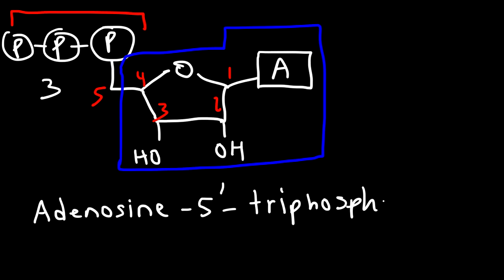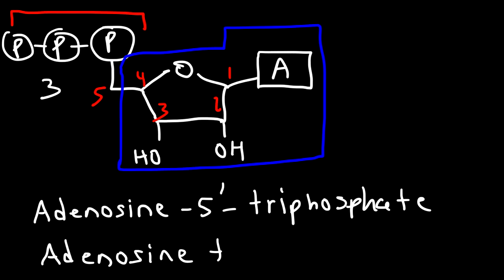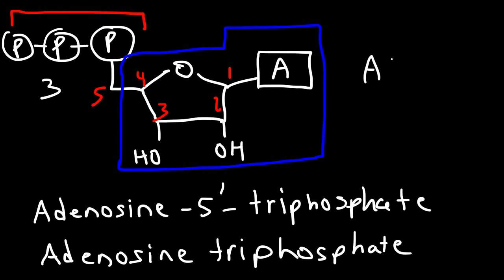Now this particular nucleotide has a common name, and so sometimes the 5 is just ignored because it's a very common molecule, and so it's simply referred to as adenosine triphosphate. And perhaps you've heard of it as this molecule, ATP. So that's adenosine triphosphate. Now there are some other ones.